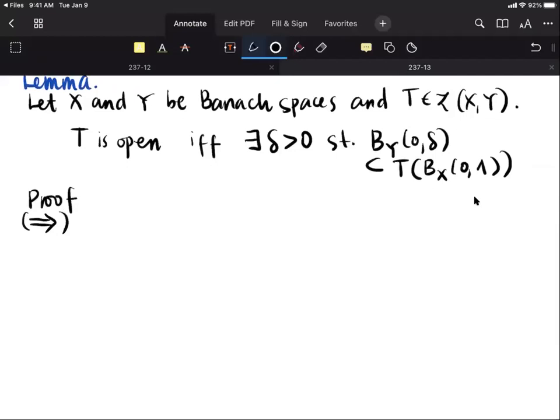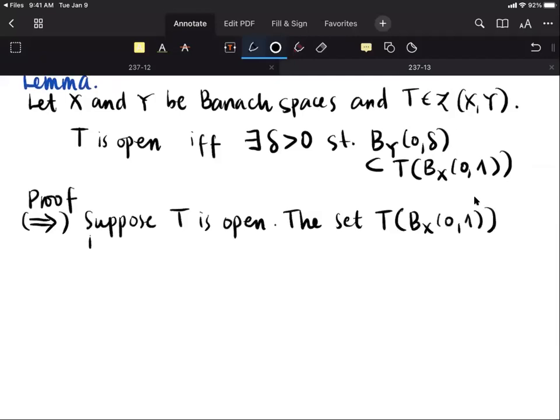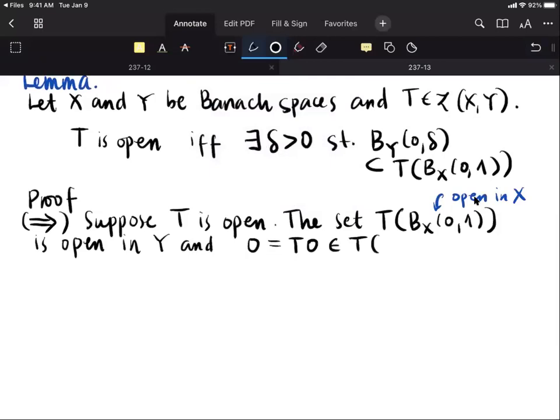So for this, suppose T is open. Therefore, the image set of the unit open ball is open in Y, since the unit open ball is open in X. And take note that 0, the 0 element in Y, which is T of 0, the 0 element in X, is an element of this image.